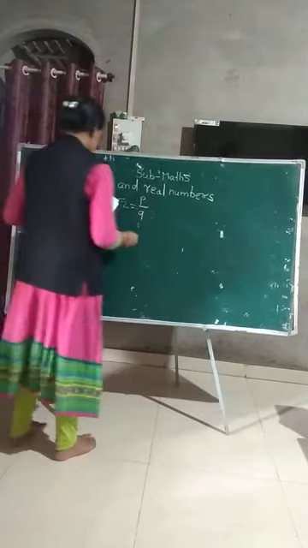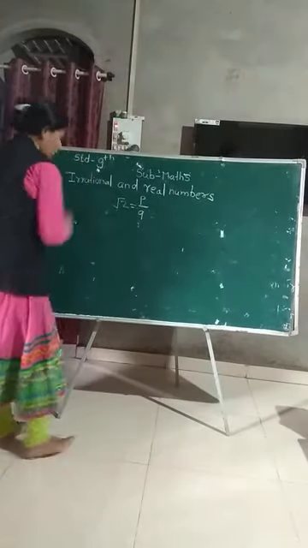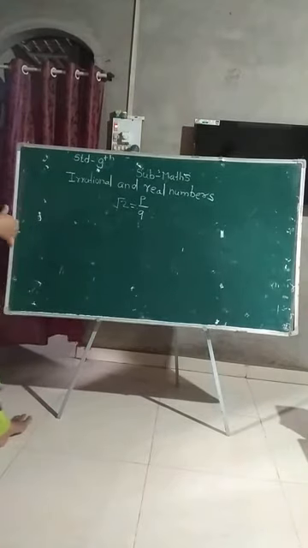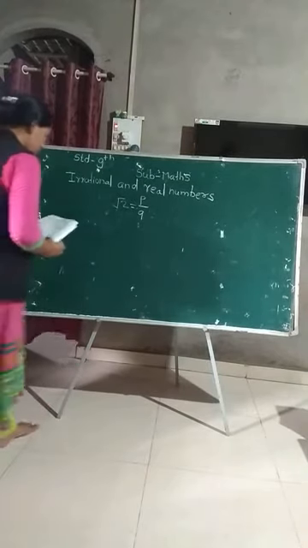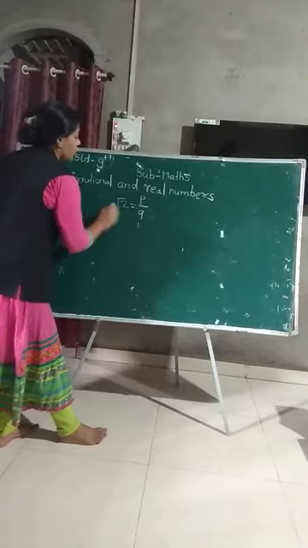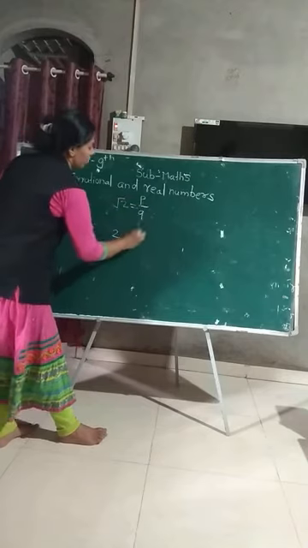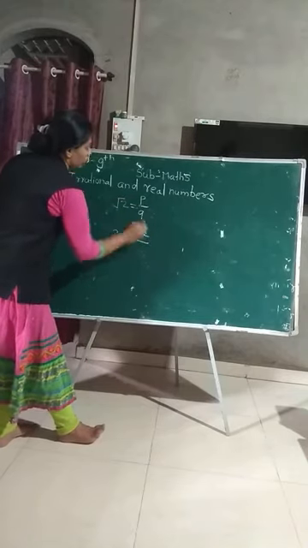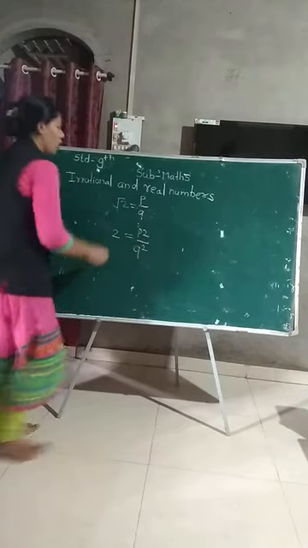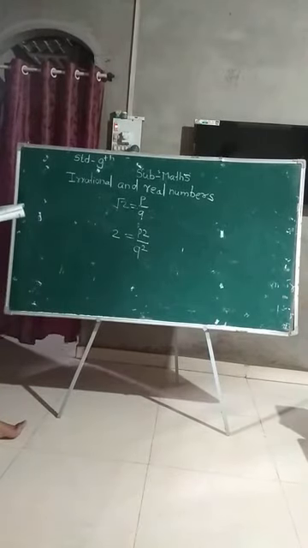Next step, squaring on both sides. Square of root 2 is 2, square of p is p square, and square of q is q square. So 2 is equal to p square upon q square.